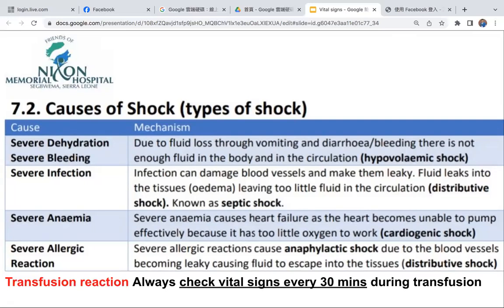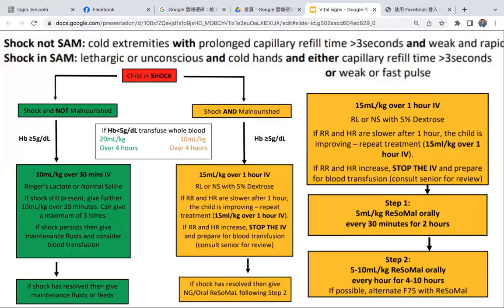So that's why we always check vital signs every 30 minutes during blood transfusion, because the patient might experience a transfusion reaction, which is a type of anaphylactic shock. So why is this so important? Because of the management.